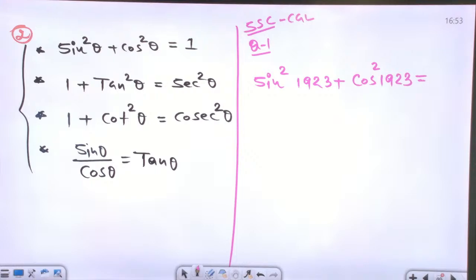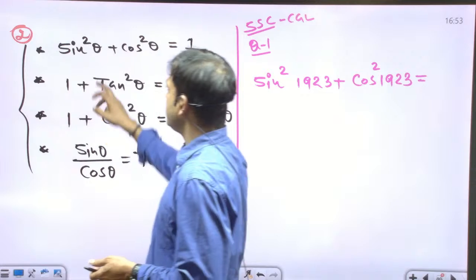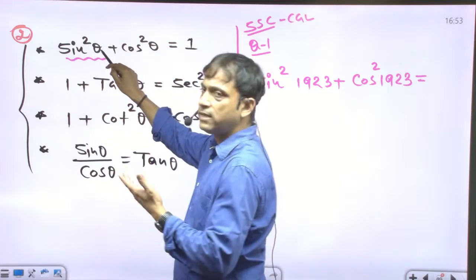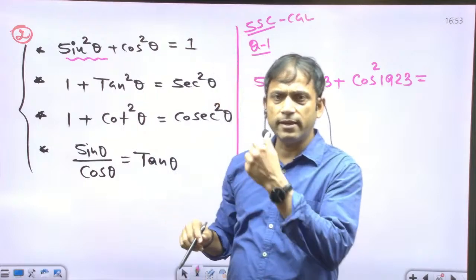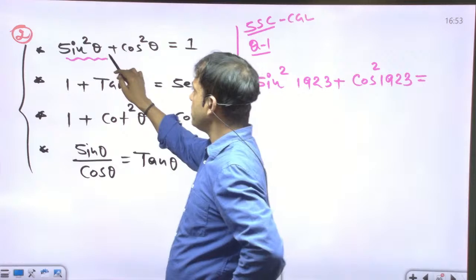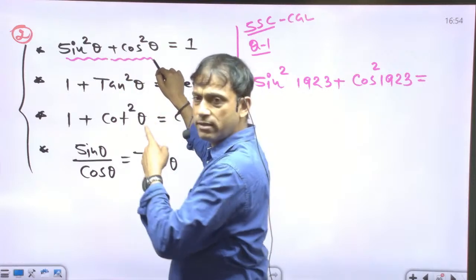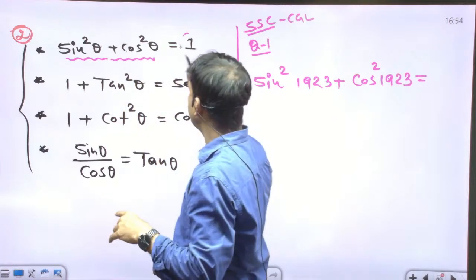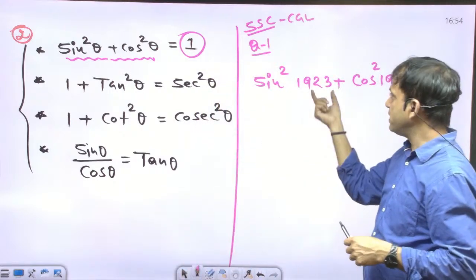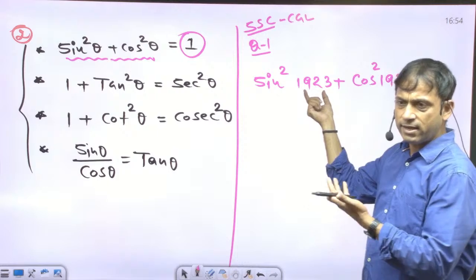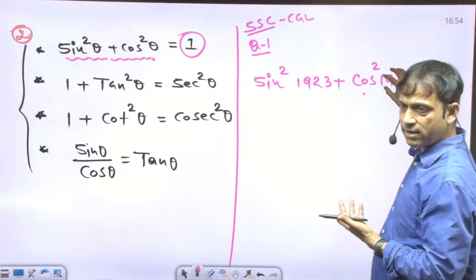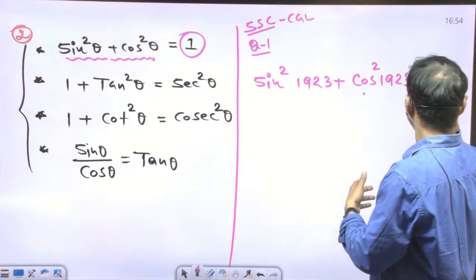I think 1, because the identity says theta is any angle: 100, 200, 300, 1900, any angle. Sine square theta plus cos square theta in any case will always be 1. So this part is sine square of any angle plus cos square of the same angle, so this will be 1.